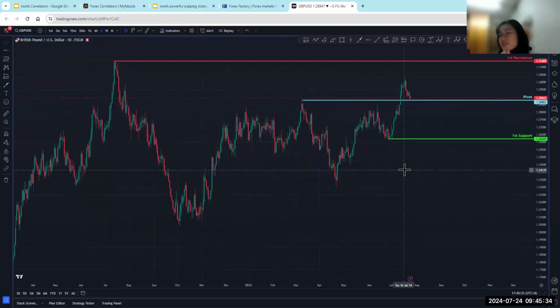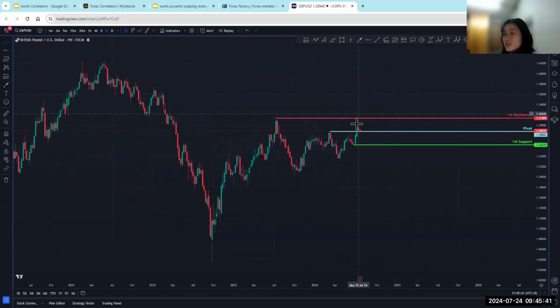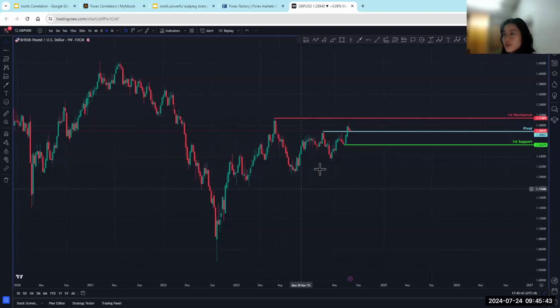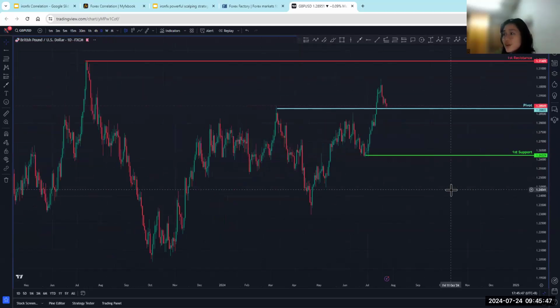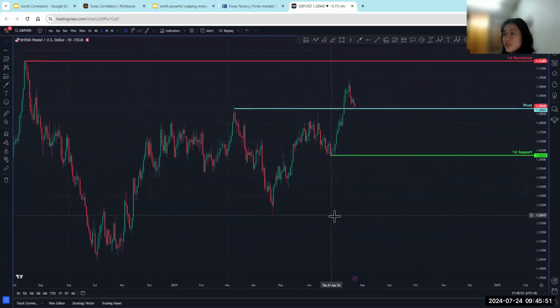There isn't really a clear trend here with regards to pound dollar. On a weekly time frame, we do see it moving upwards, but on our daily time frame, it's kind of fluctuating.